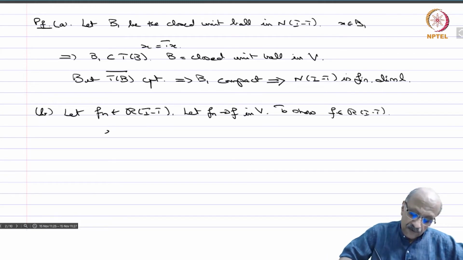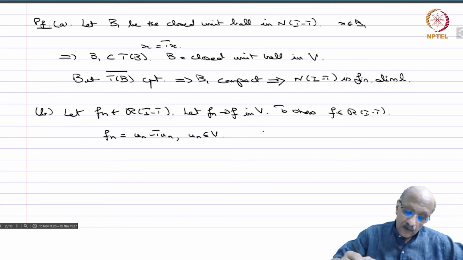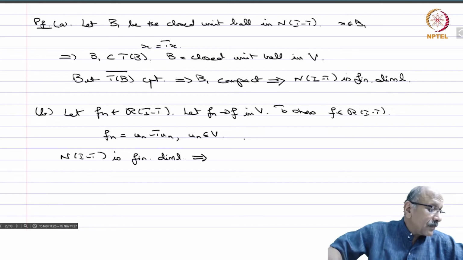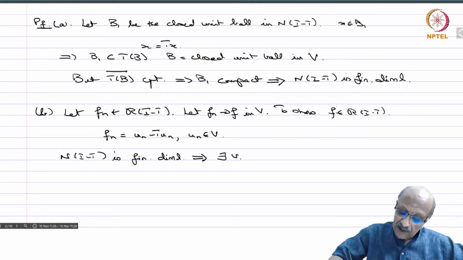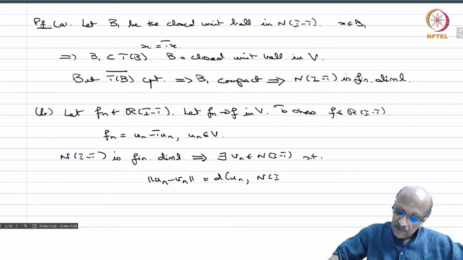Okay. So f_n is in the range, so f_n will be u_n minus T u_n, with u_n in V. Now N(I minus T) is finite dimensional, so this implies that there exists a v_n in N(I minus T) such that the norm of u_n minus v_n is in fact the distance of u_n from N(I minus T).